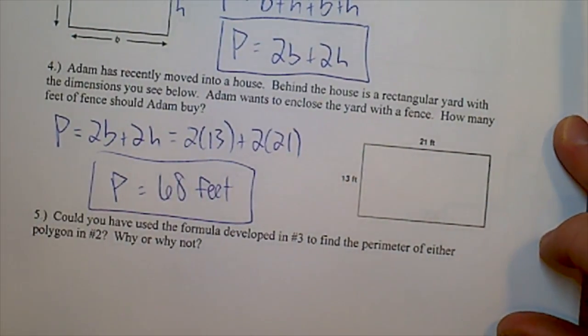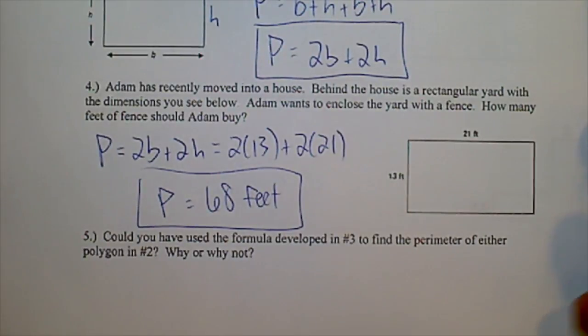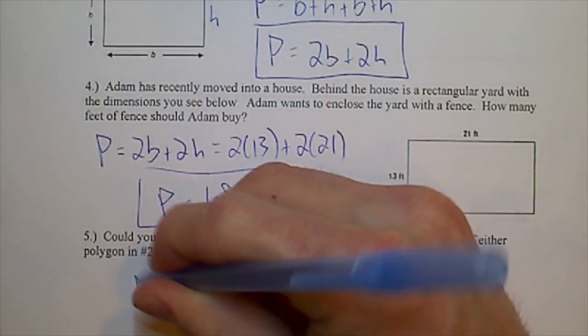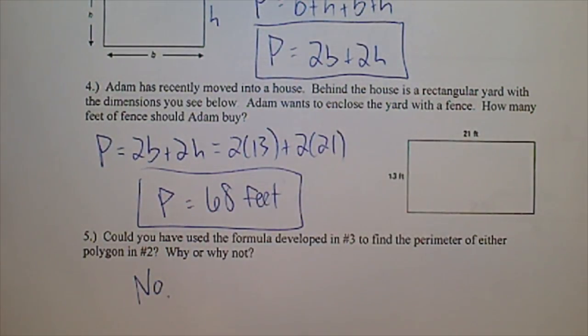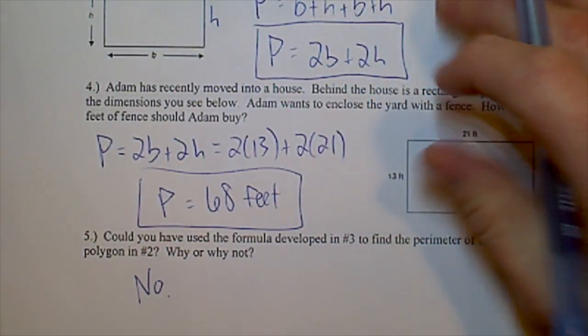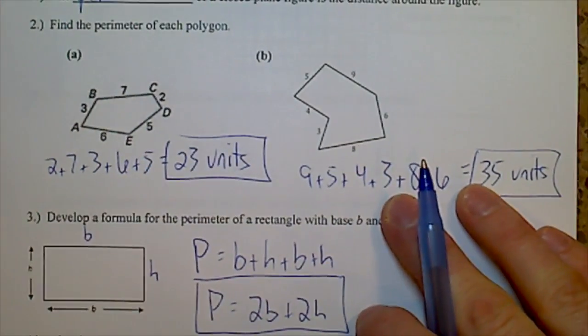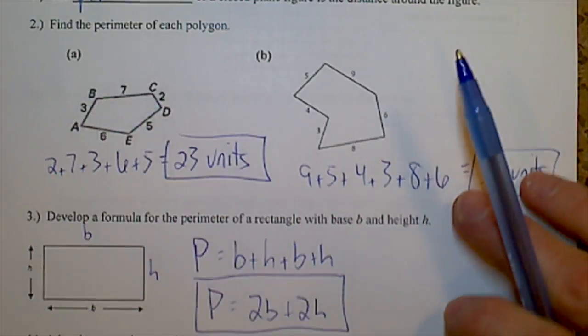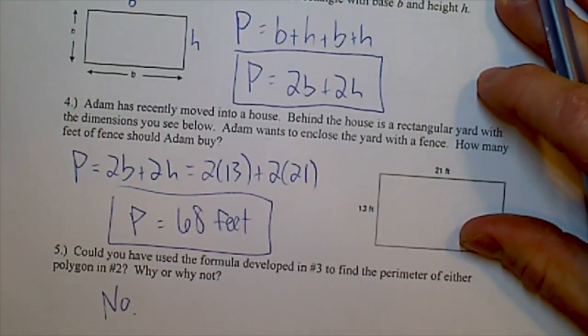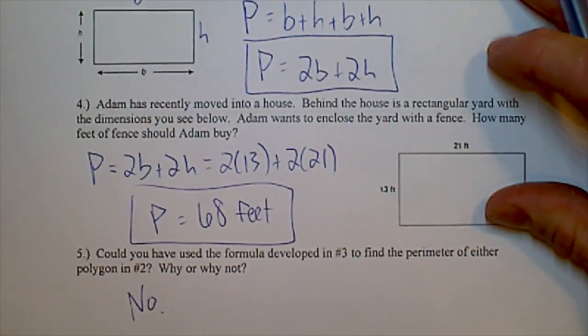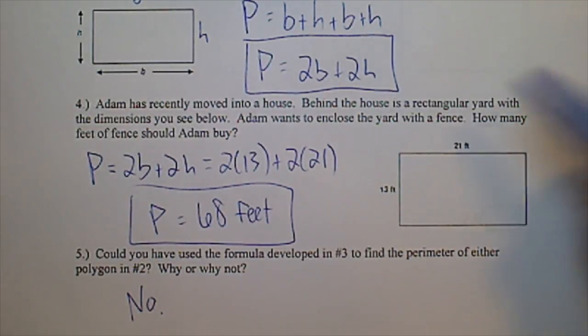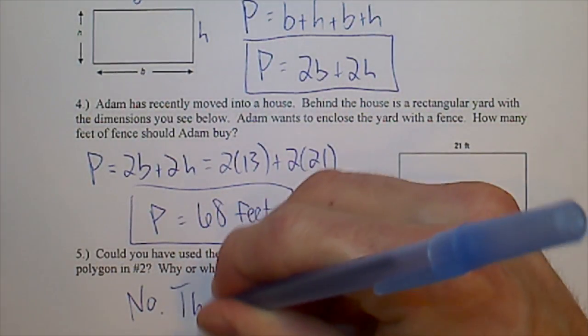This formula we developed. I'm hoping you answered no. You cannot use this formula to find the perimeters for these 2 polygons. And the big reason is, again, do you understand the concept of what this formula actually represents? This formula can only be used with rectangles.